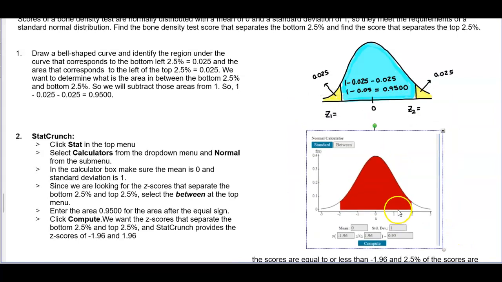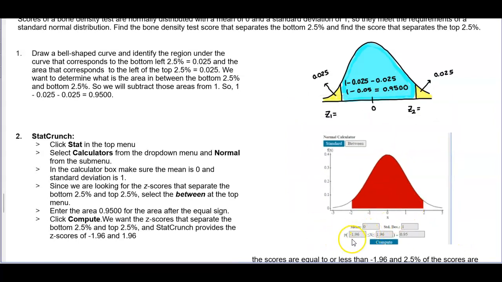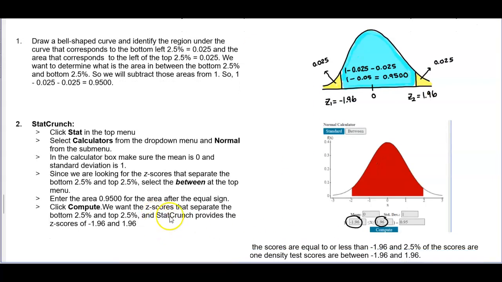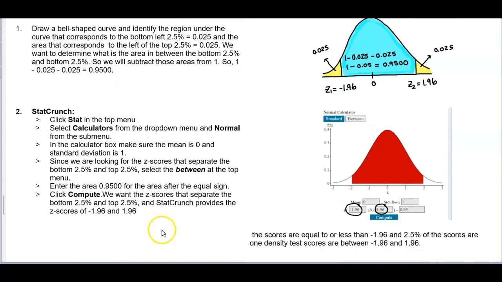On the left we have negative 1.96, and on the right we have positive 1.96. So again, we want the z-scores that separate the bottom 2.5% and the top 2.5%, and StatCrunch provides the scores of negative 1.96 and positive 1.96.